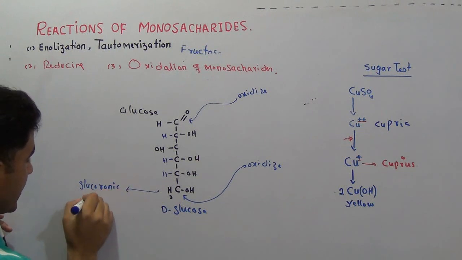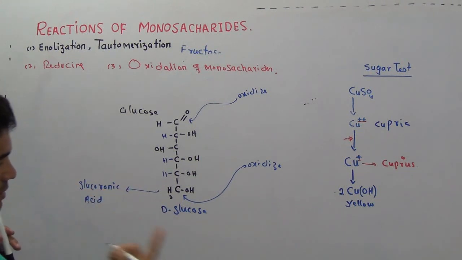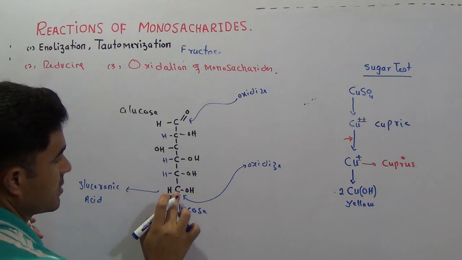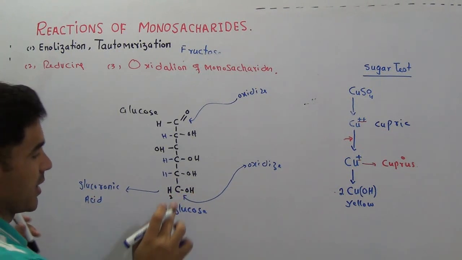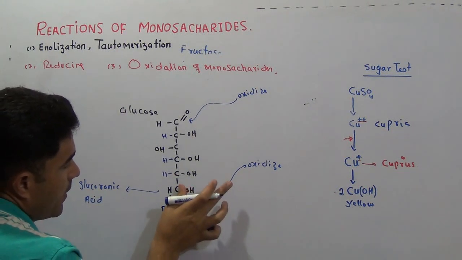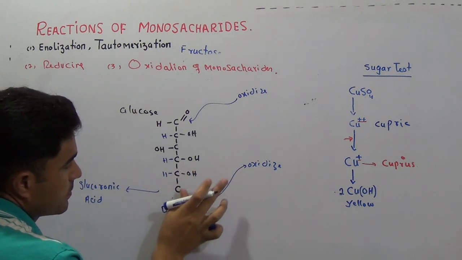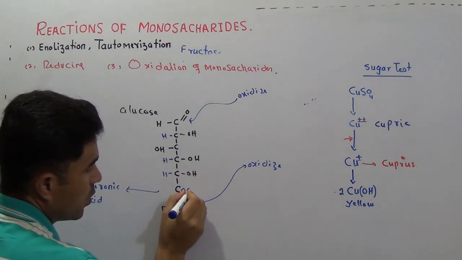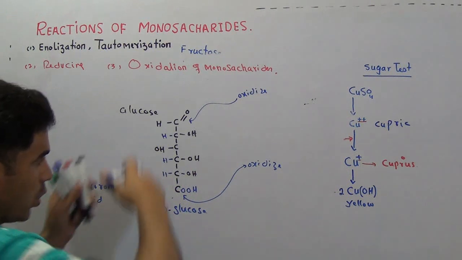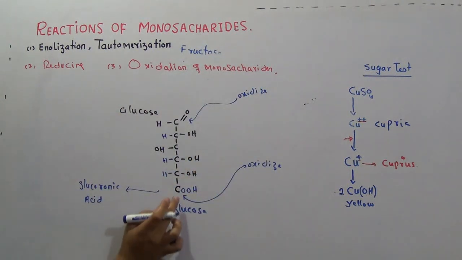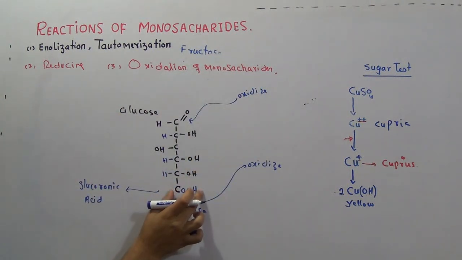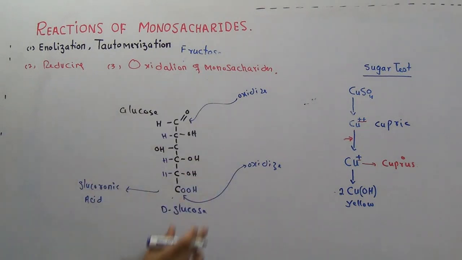Glucuronic acid means you will get COOH here. The whole compound will be like this. If COOH comes here, then this compound will be called glucuronic acid.